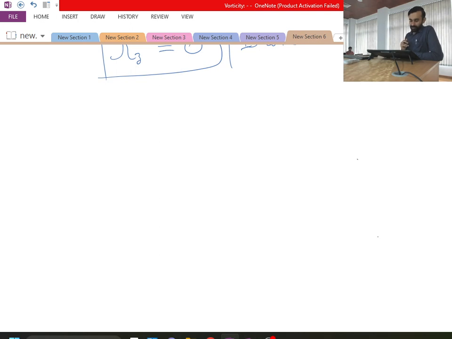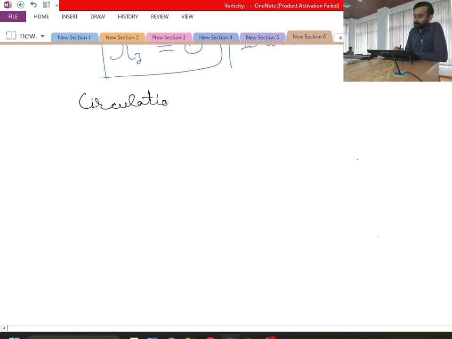For the time being, we will quickly define one more parameter, which is circulation.